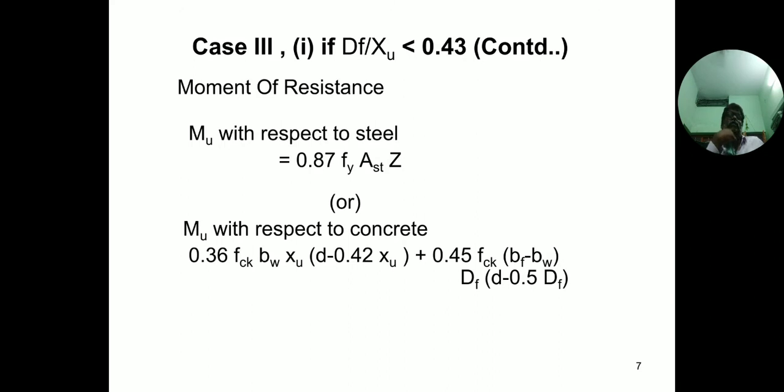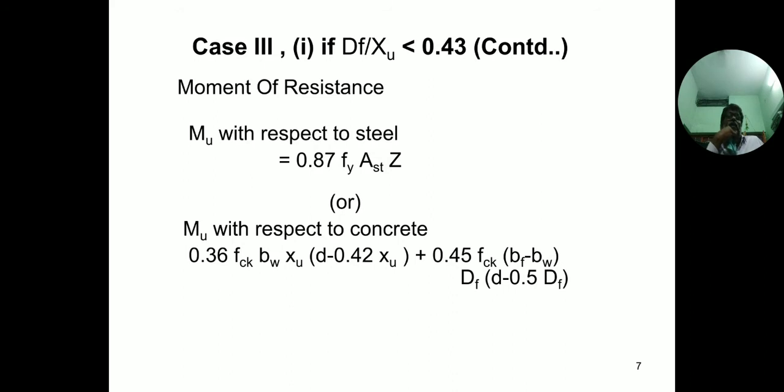Mu with respect to steel is equal to tensile force and lever arm, 0.87 fy Ast into z. z is equal to d minus 0.42 xu.